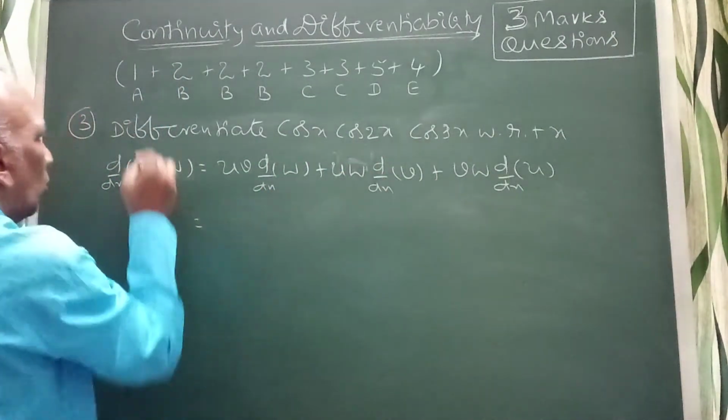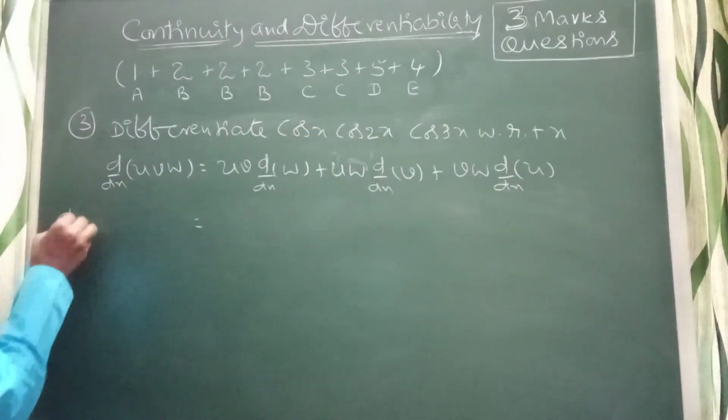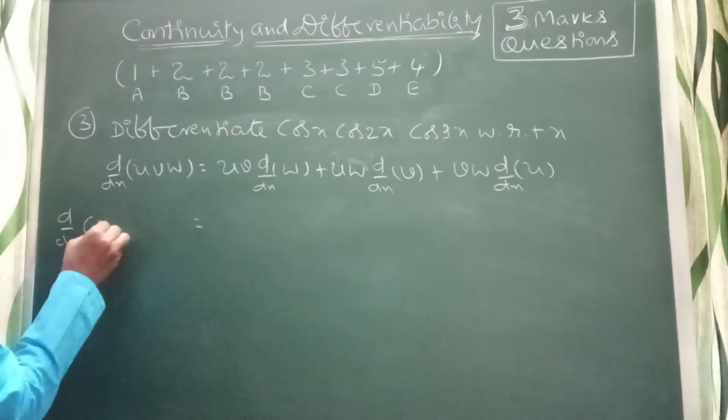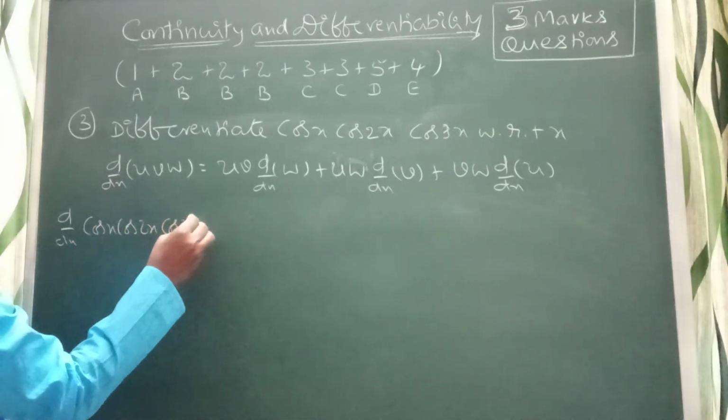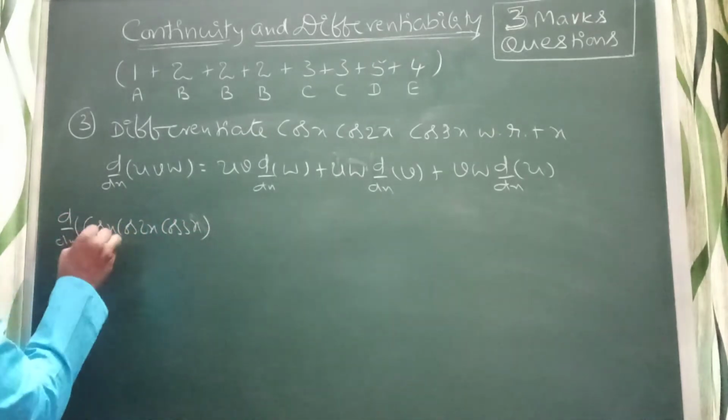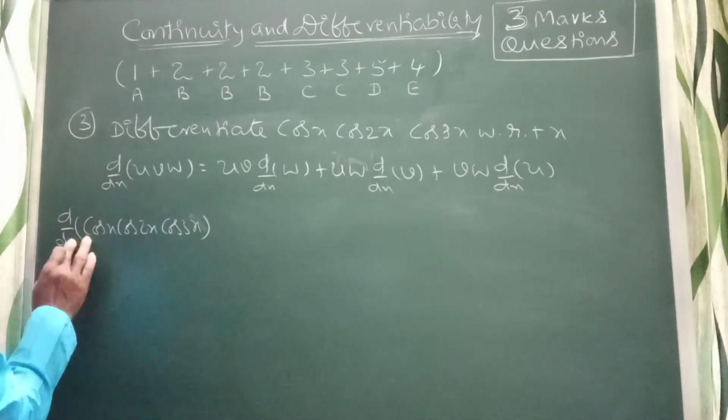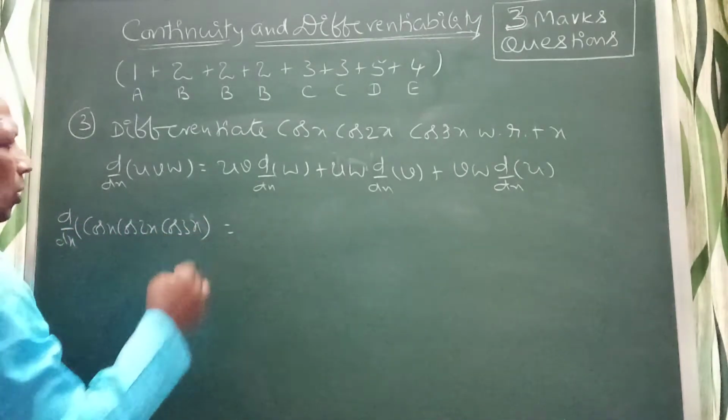I will write now d by dx of this one. So d by dx of cos x, cos 2x, cos 3x, the derivative of this they are asking, right? D by dx of this UVW.